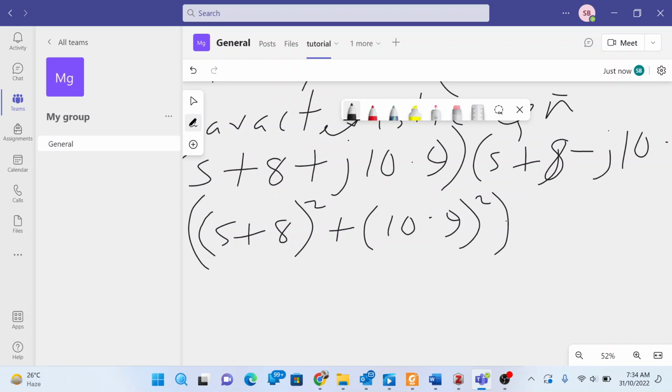So that's the complex conjugate, then the S plus 100 is still here, equals 0.